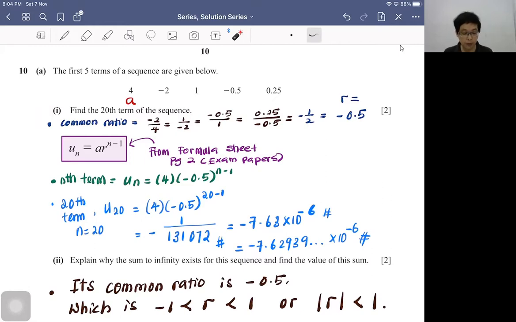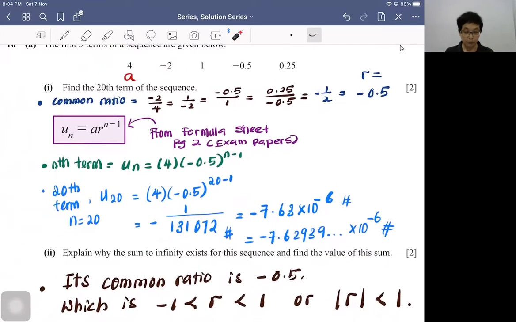Part 1, find the 20th term of the sequence. Well, n equals 20. Exactly, I can hear that from you. Yep. So what we're going to do is take the nth term formula from the formula sheet, or you may even quote it by heart.